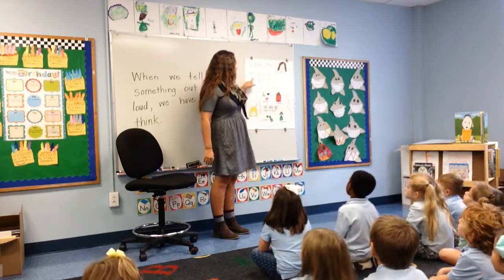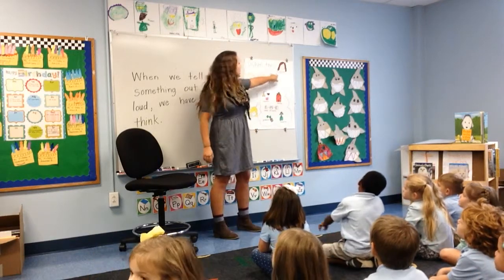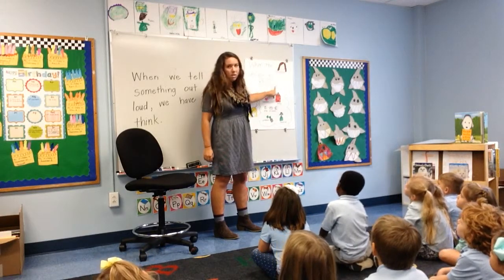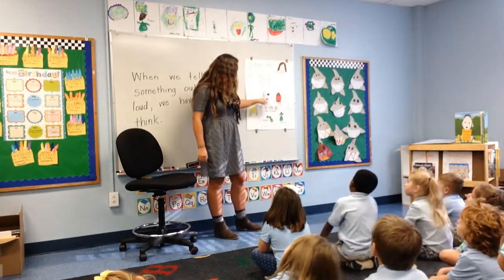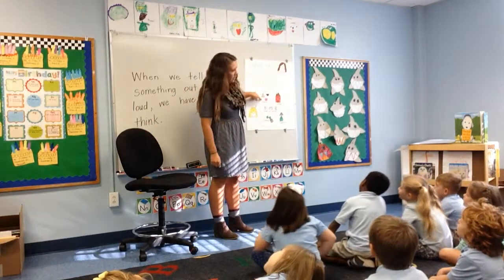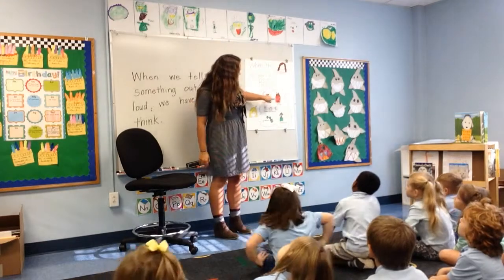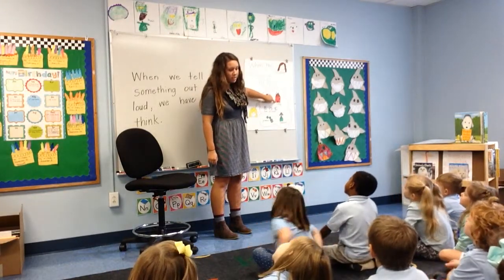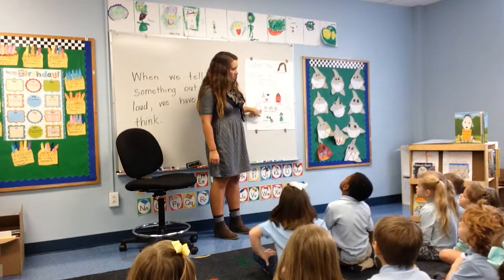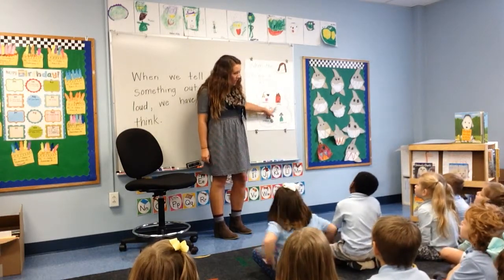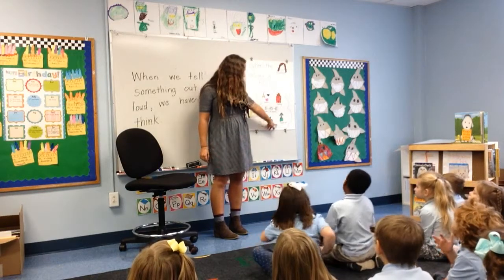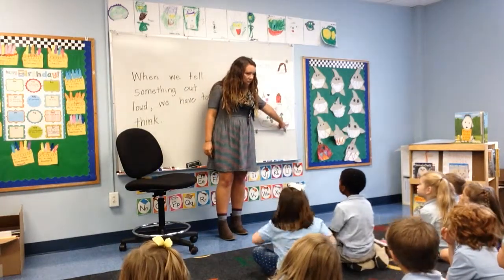So when the teacher, that's me, asks you to retell a story, you have to remember to include all these 5 things. So what are the 5? Characters, setting, order of events, beginning, middle, and end, the problem, and solution.